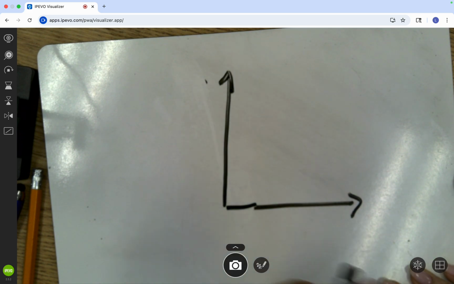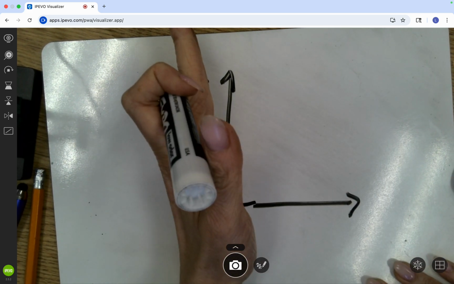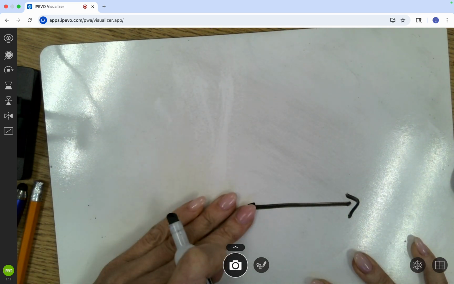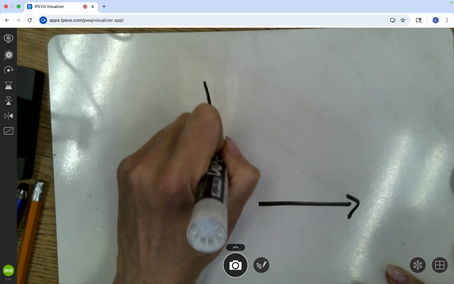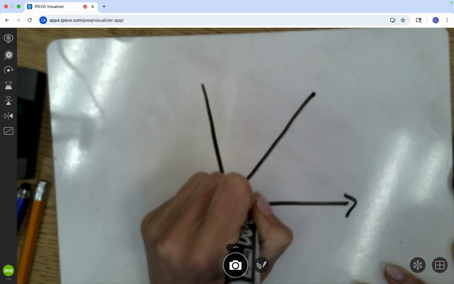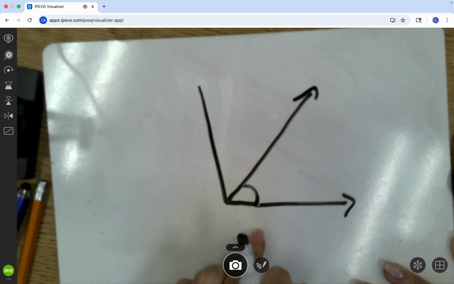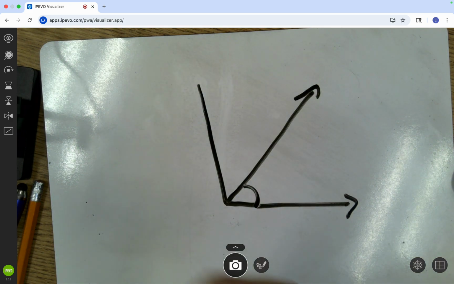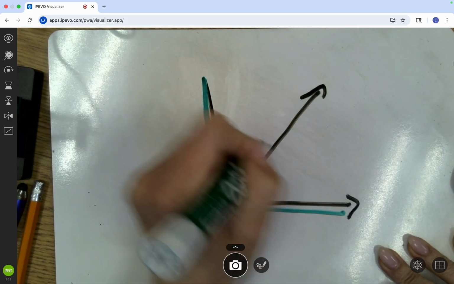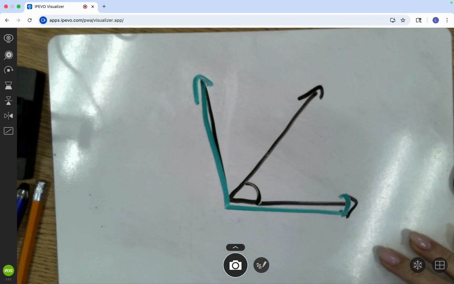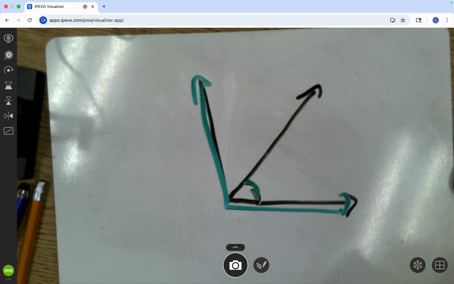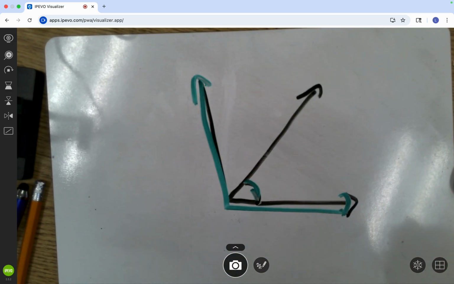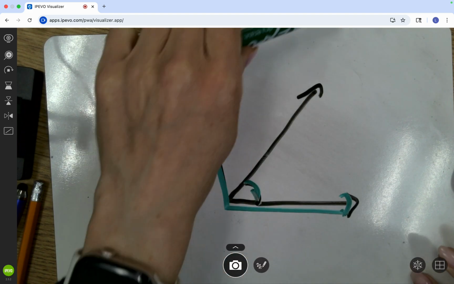So if it's here, it's less than 90. So we have about an 80-degree angle, right? A little bit smaller than 90. If we half 90 degrees, which would be here, right? Because this would be a 90-degree angle. If we cut it in half, just to measure this part, would be 45 degrees. 45 plus 45 is 90, okay?